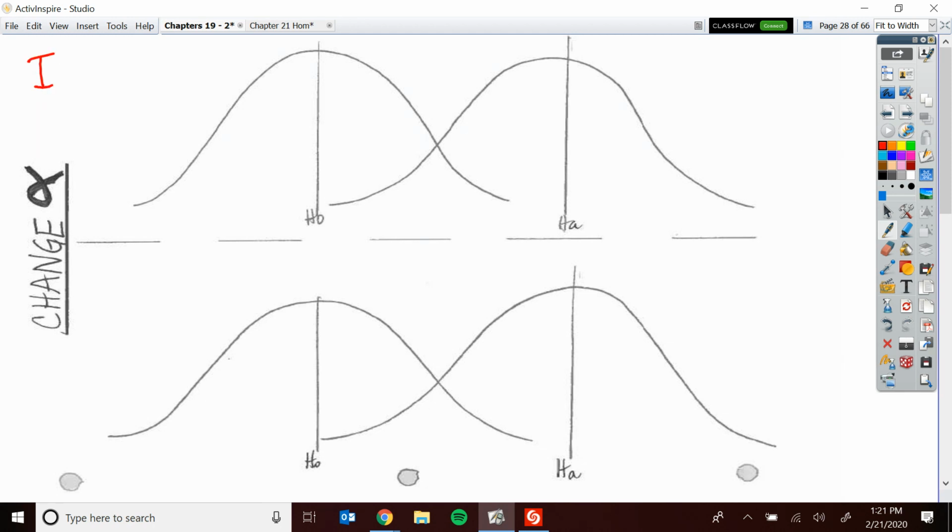This picture, we're going to increase alpha. You see the size of the top and the bottom halves of this picture do not change. You have this in your packet, and we're going to be coloring on it. The pictures do not change.